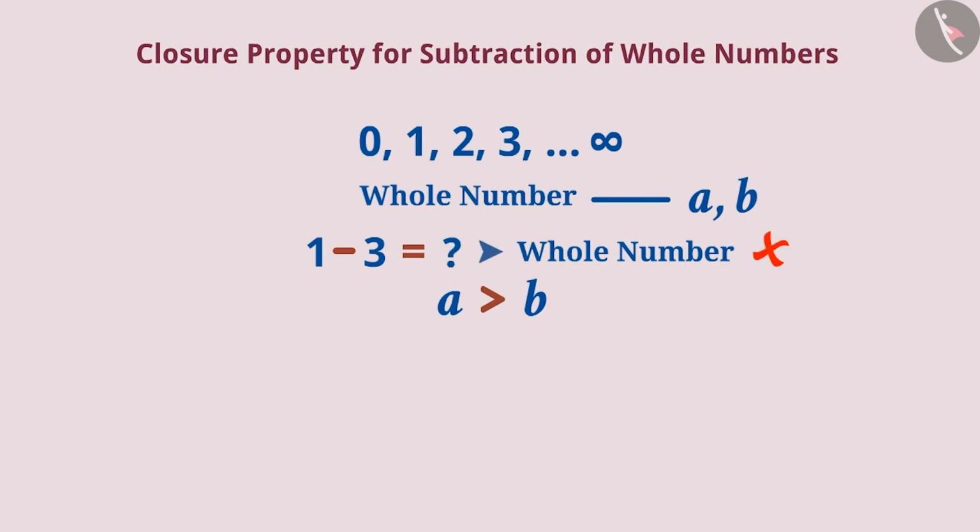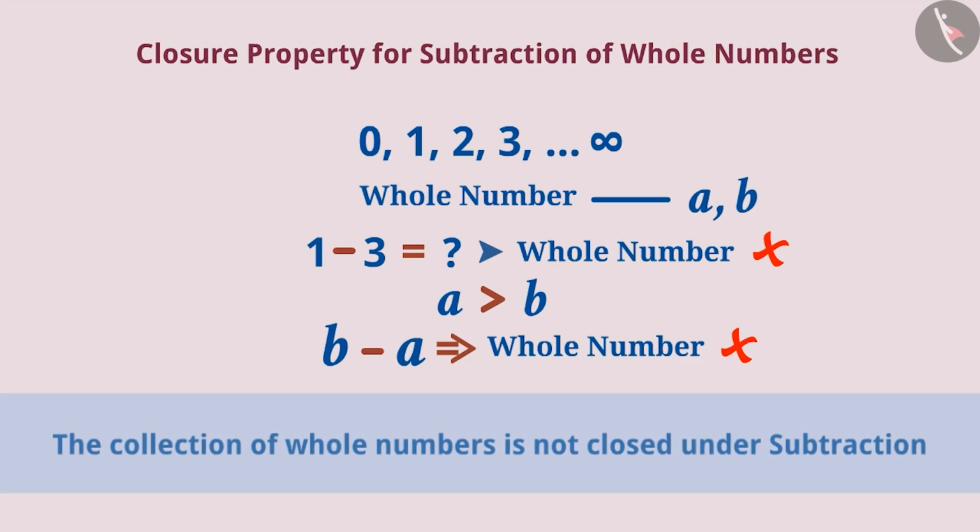Therefore, if a is larger than b, then b minus a cannot be a whole number. That is, when we subtract any two whole numbers from a collection of whole numbers, the result is not always a whole number. Therefore, the collection of whole numbers is not closed under subtraction.